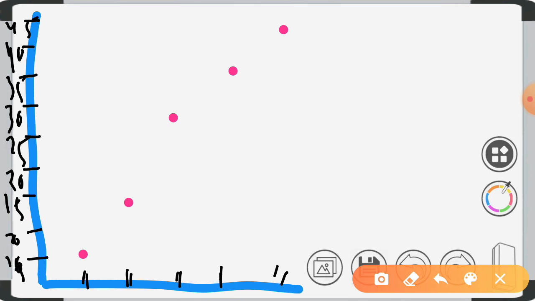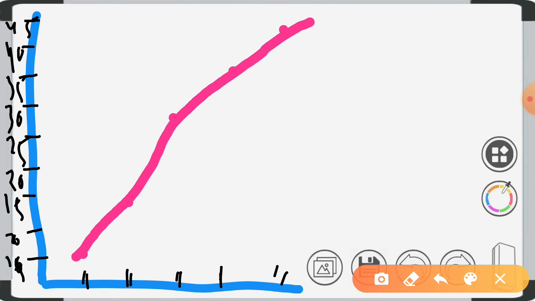Now we can draw the curve. It's the rising curve.